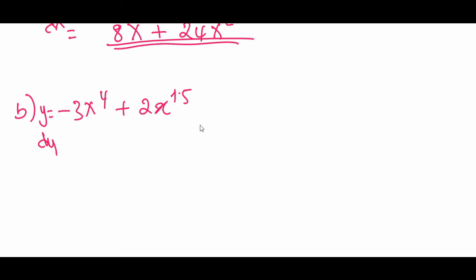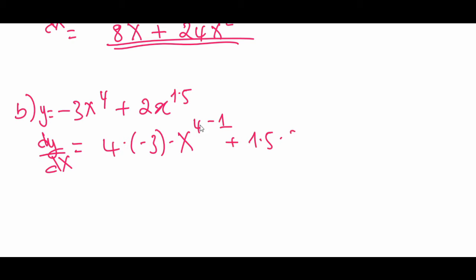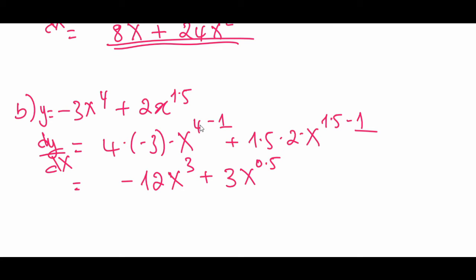So my dy by dx will be equal to 4 times negative 3 times x to the power 4 minus 1 plus 1.5 times 2 times x to the power 1.5 minus 1. So this will give me negative 12x to the power 3 plus 3x to the power 0.5.